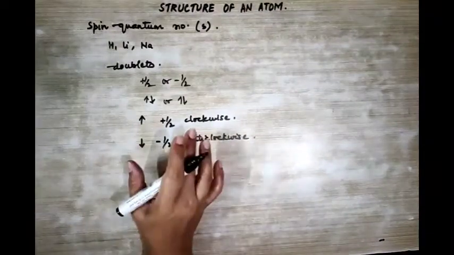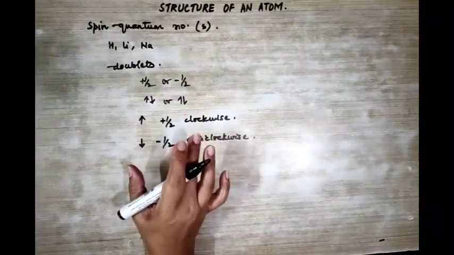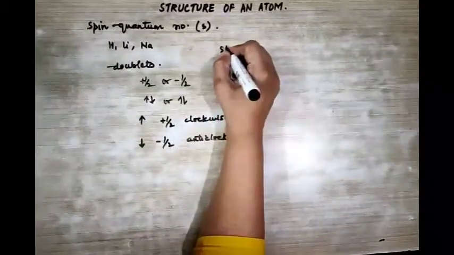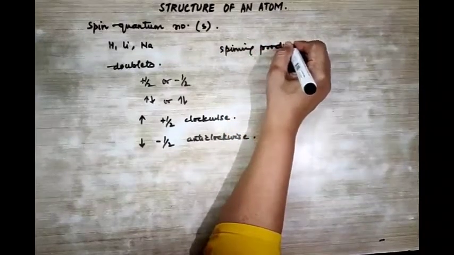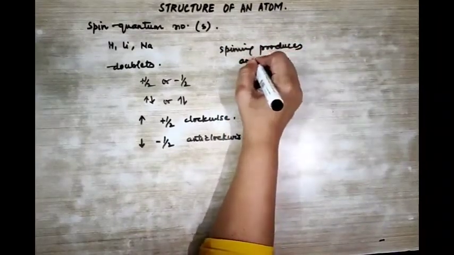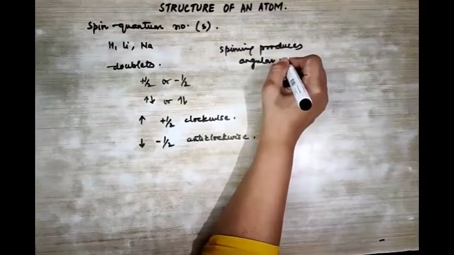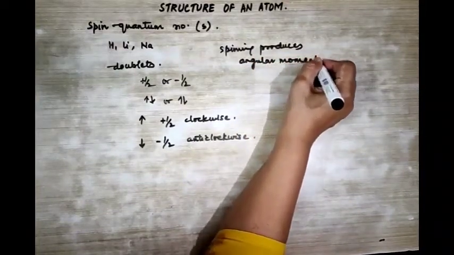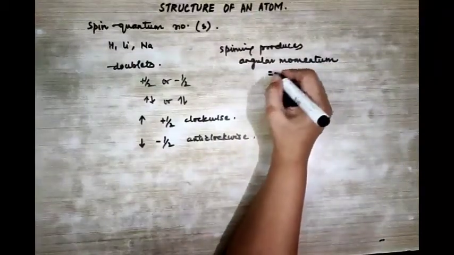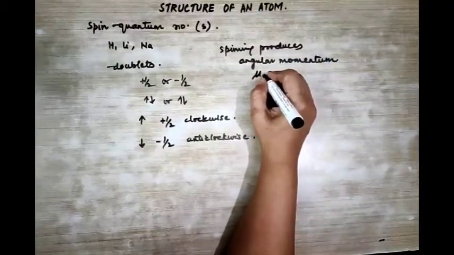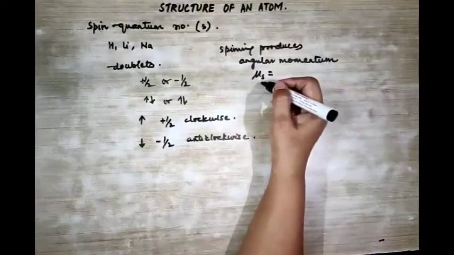Thus, the spinning always produces an angular momentum. Okay, spinning produces angular momentum, which we denote by the alphabet mu, and we write s over here.